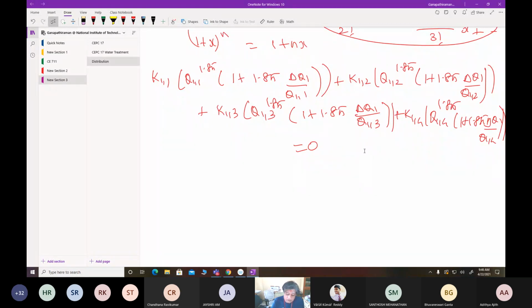Yes, sir. Okay. Now what is the product of the first terms, K11 Q11 to the power 1.85 into 1, K12 Q12 to the power 1.85 into 1? What is the first term? H11, H12, H13, H14. So sigma of H1j for j equal to 1 to n. Is it okay? First term alone. Then we have a common term 1.85 delta Q1.